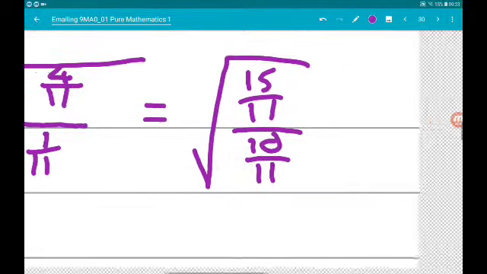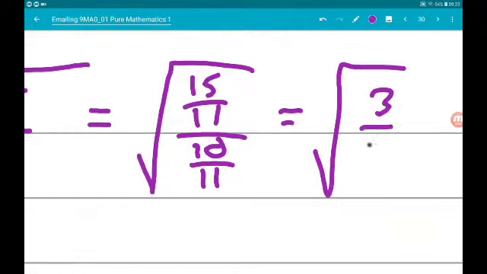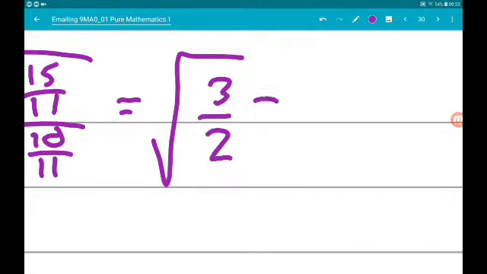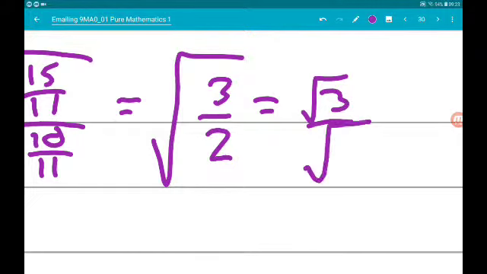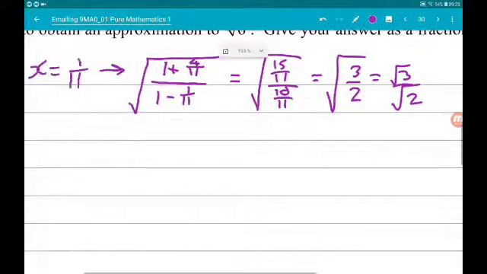Now we have a common factor on the top and bottom of 1/11. So this is actually just root 3/2. At the moment, that's the left-hand side.